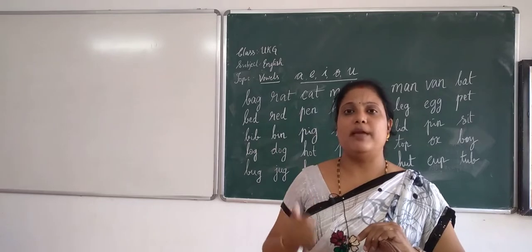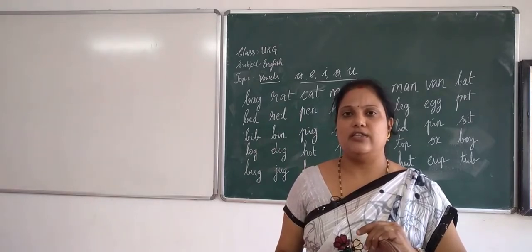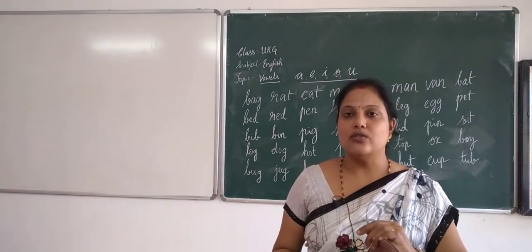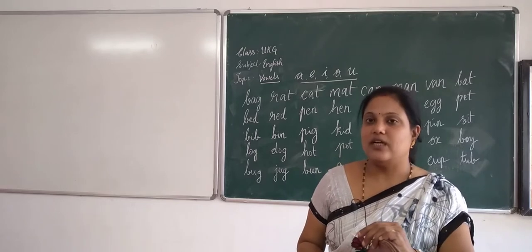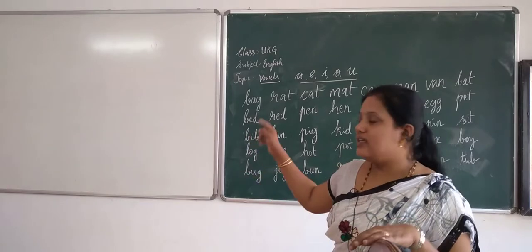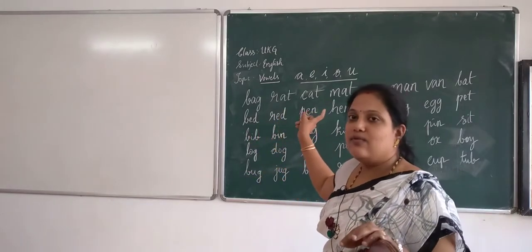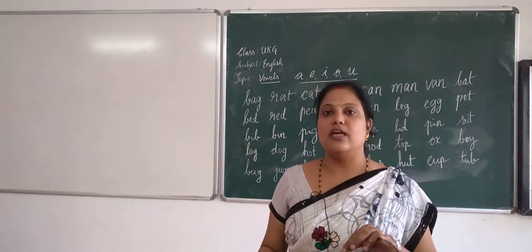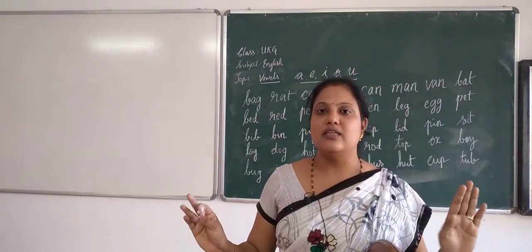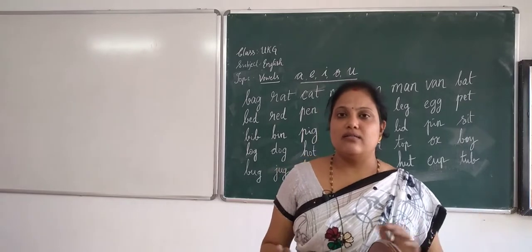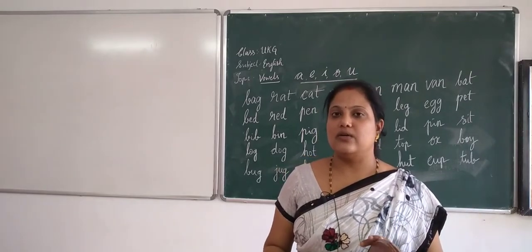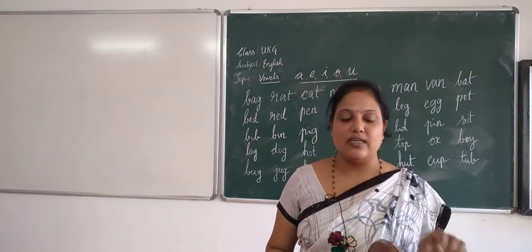What about B? B is a consonant. What about C? That is also a consonant. A, E, I, O, U are the vowels. The rest of the letters in the alphabet are the consonants. Did you understand that?